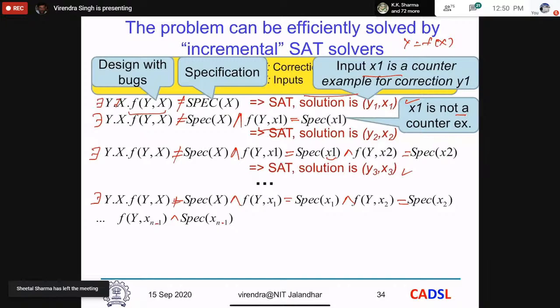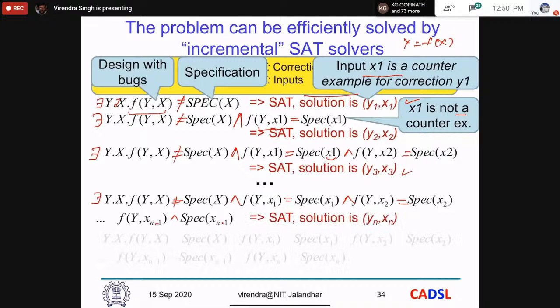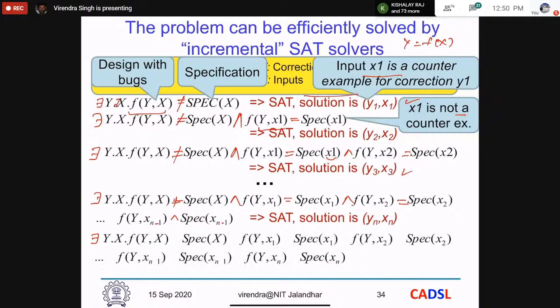and ultimately at the last, this should not satisfy, and this satisfies, and this satisfies, and this satisfies, and this nth instance is satisfied. If this is unset, that means I won't get any condition here.